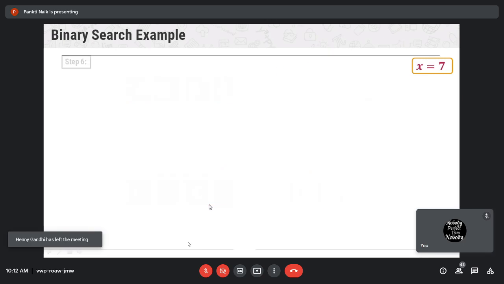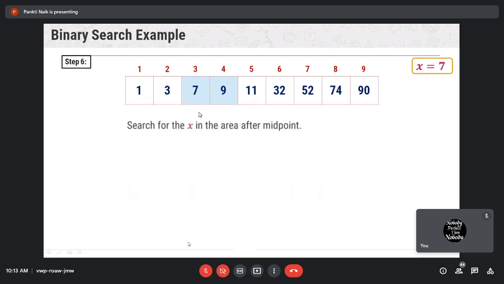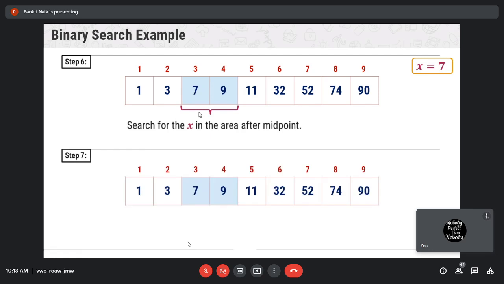So we have to find it in the right sublist. Now again divide your subproblem into two partitions, so find the midpoint position. Our midpoint position now becomes this.